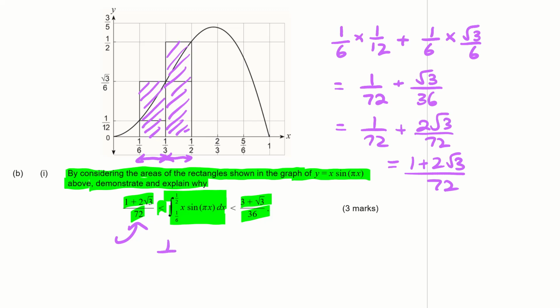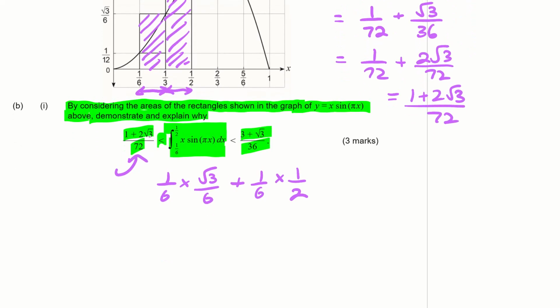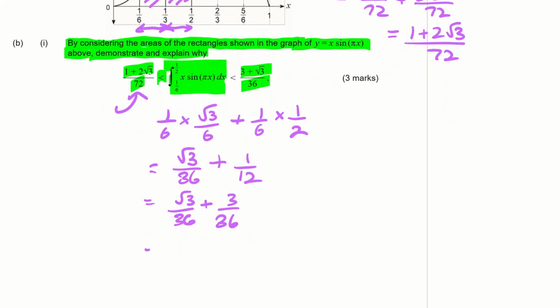So that is going to be 1/6 times root 3 on 6 plus 1/6 times a half, which is root 3 on 36 plus 1 on 12, which is root 3 on 36, add 3 over 36, which is 3 plus root 3 on 36, which is that.